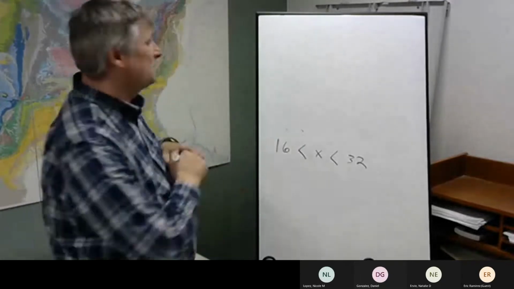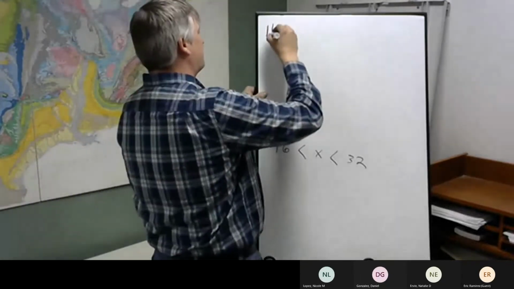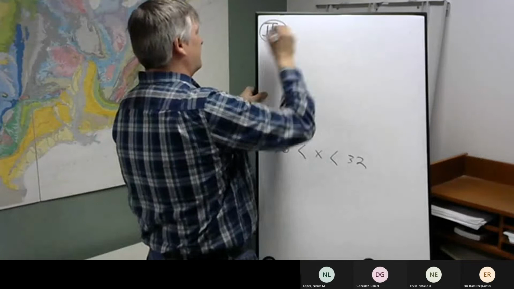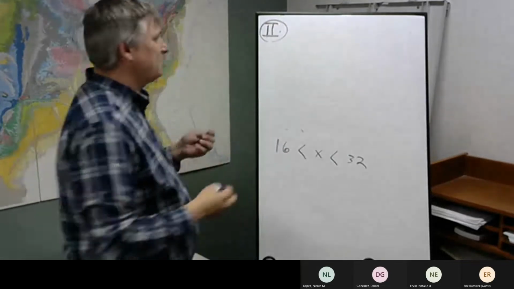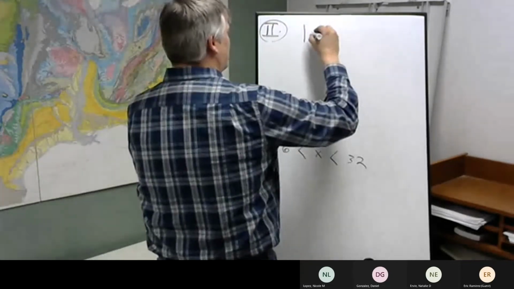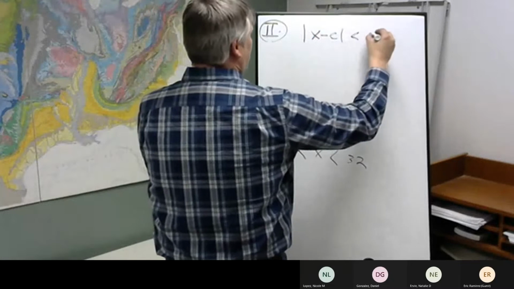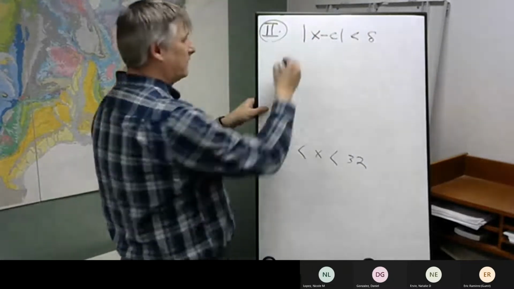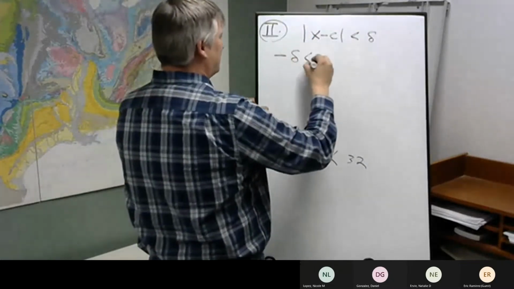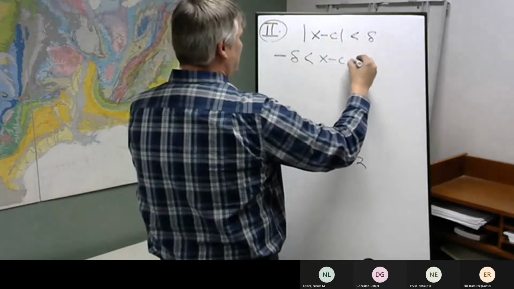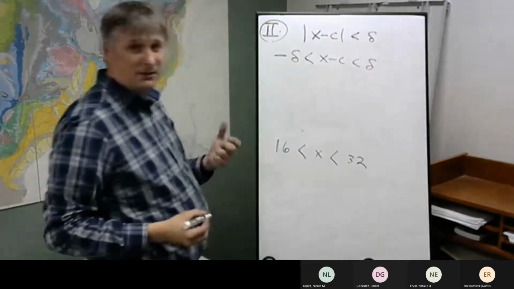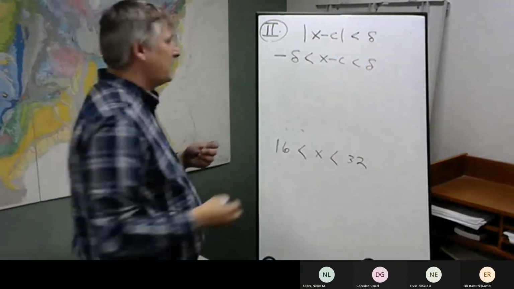So again, we can use this approach number 2. Now, x minus c is less than delta, or negative delta is less than x minus c less than delta. Add c to both sides.